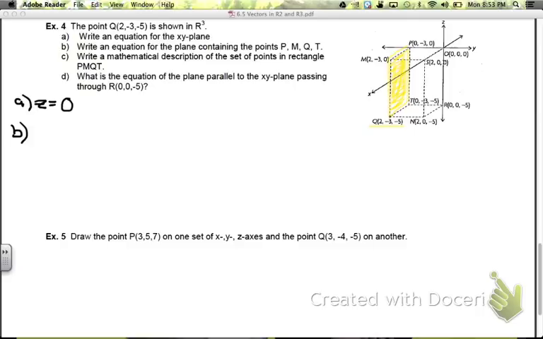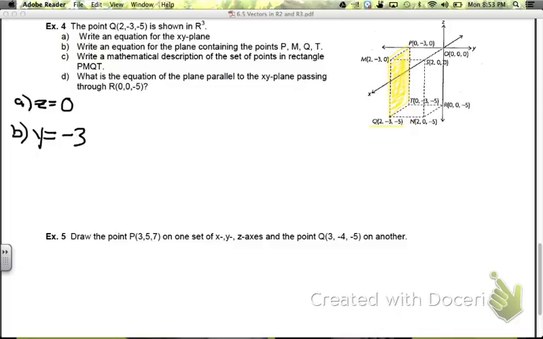We have 0, 0, then we have 2 and 2. So those aren't in common. Okay, let's look at our y's. -3, -3, -3, -3. Those are in common. But let's look at our z's just to make sure. So z is 0, 0, then we got 2, -5. So those aren't on the same plane. So the plane that they share is y equals -3.